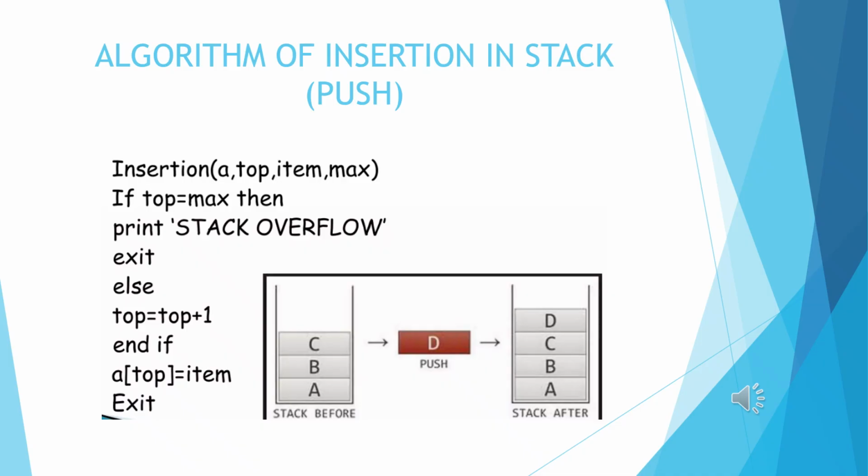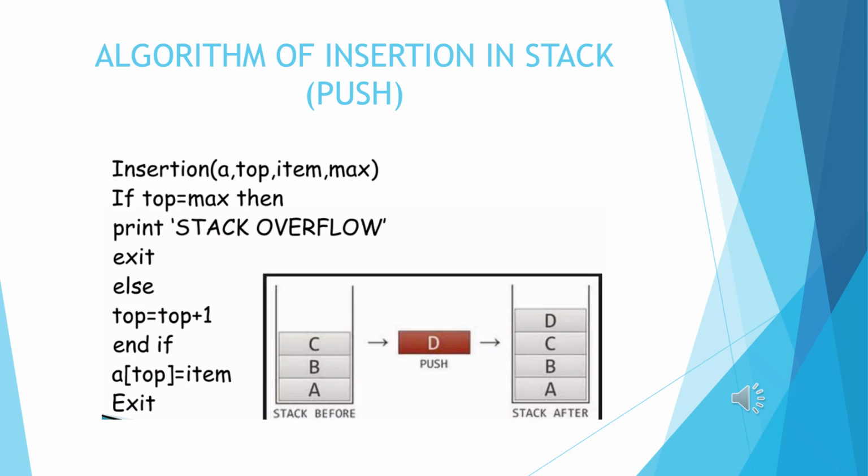Now we see the algorithm of insertion in a stack by using the push operation. In the insertion function, A indicates an array used to store the stack elements, Top indicates the index of the current top element, Item indicates the new element to be inserted, and Max indicates the maximum size of the stack.